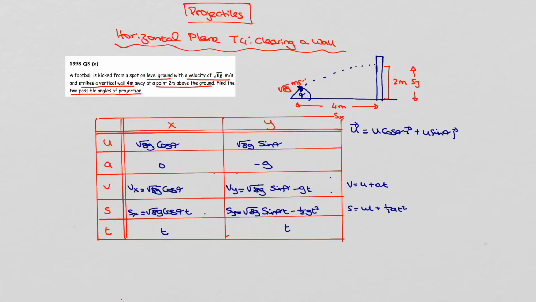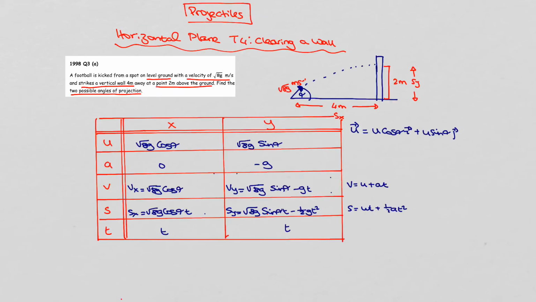Okay, so to find our two possible angles of projection, we have to use the information that we know. Basically we can work out our time of flight and then use that in our second equation. So what are our two pieces of information? Well, we're not using sy equals 0 this time because it's striking the wall. So it's easier to start with the wall: we know that our range is going to be 4 meters.